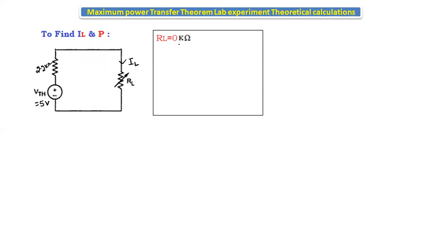For the first, I am taking 0 kilo ohm. For the 0 kilo ohm, how will we find out IL? IL is equal to, as both are connected in series, I is equal to V by R. V is VTH divided by RTH plus RL.